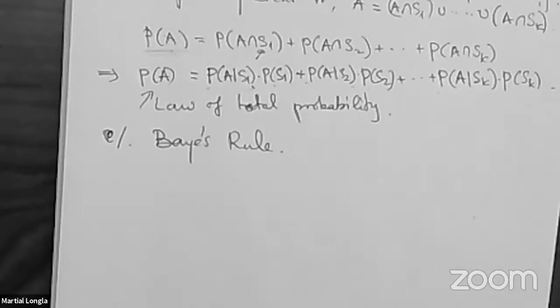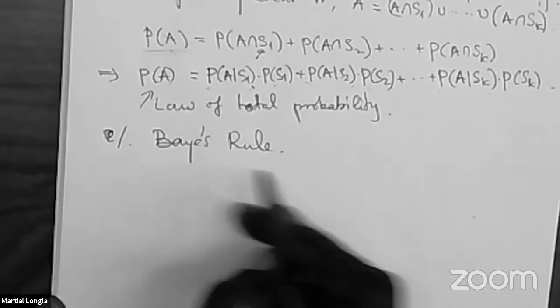If I found a defective item on the market, what is the chance that it comes from plant 1? If I found a defective item on the market, what's the chance that it comes from plant 2? And to answer that question, we use this next formula, which is called the Bayes rule.